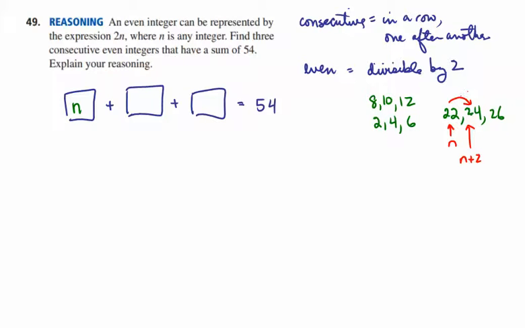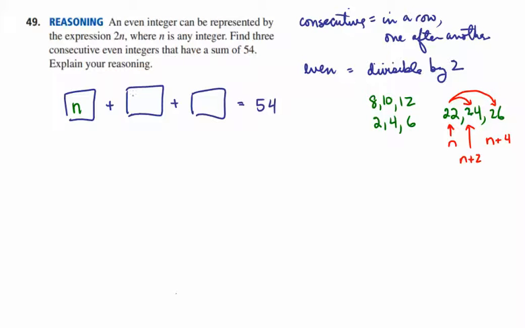Then how do we get to the third? You might say we add 2 again, but we're not adding 2 to the first, we're adding 2 to the second. So it would be n plus 2 plus 2, or going from the first to the third would be n plus 4. And so now we can see what our numbers are.